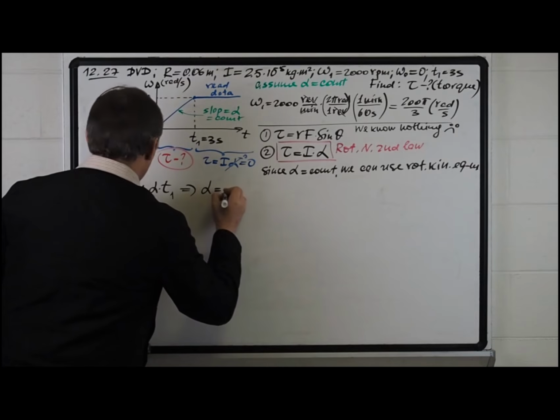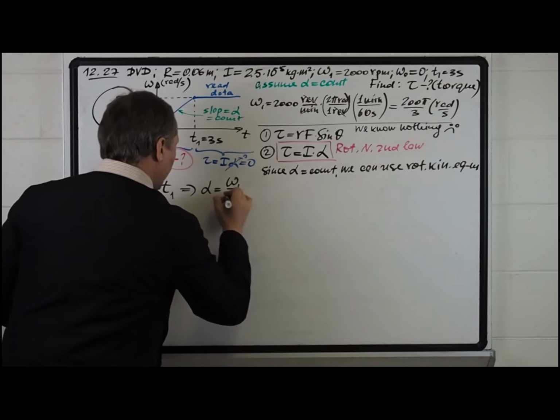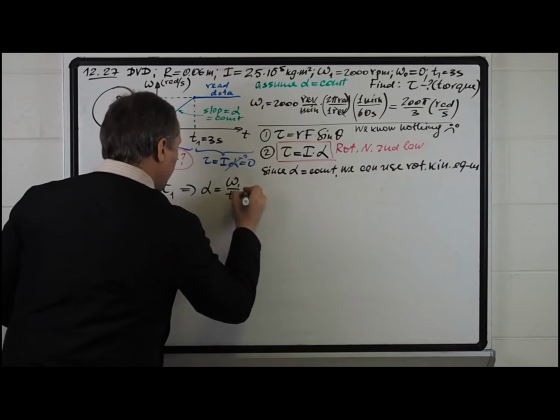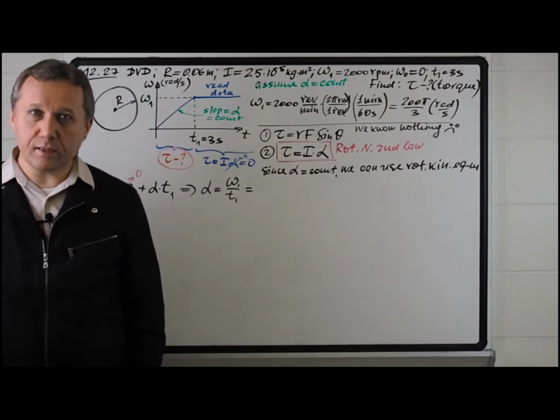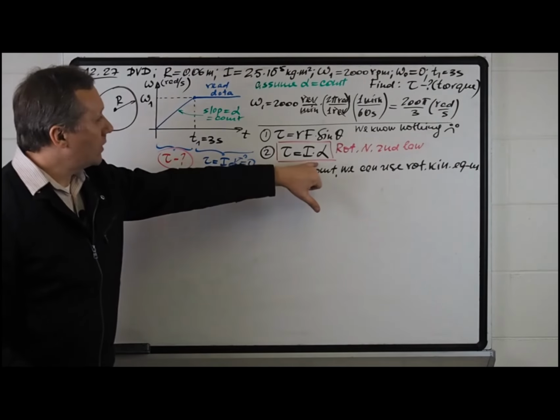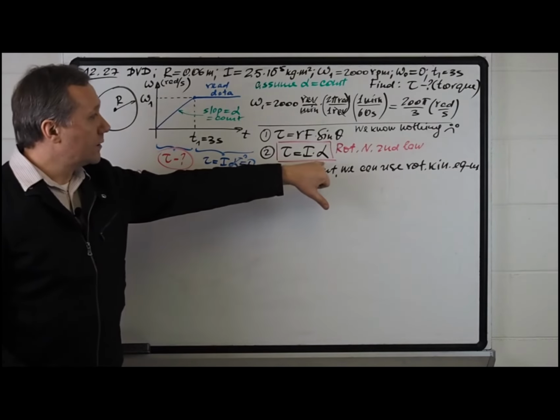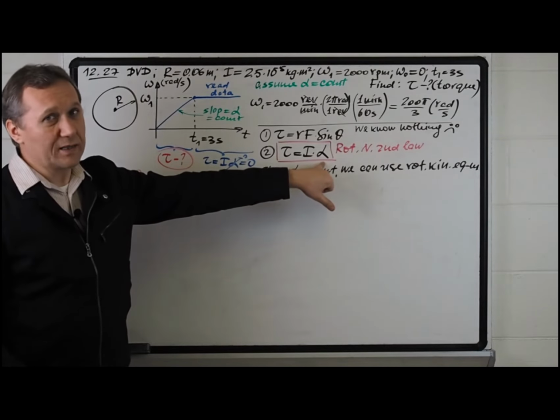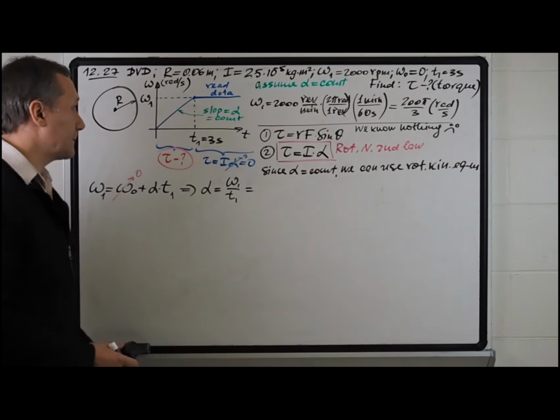So alpha equals omega 1 over t1. Omega 1, we just converted into the units which we need in order to use our rotational Newton second law. In the rotational Newton second law, alpha must be in radians per square second.